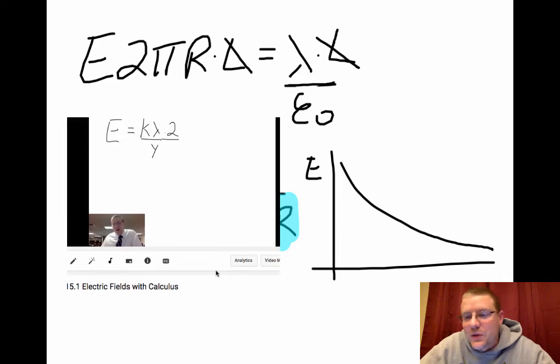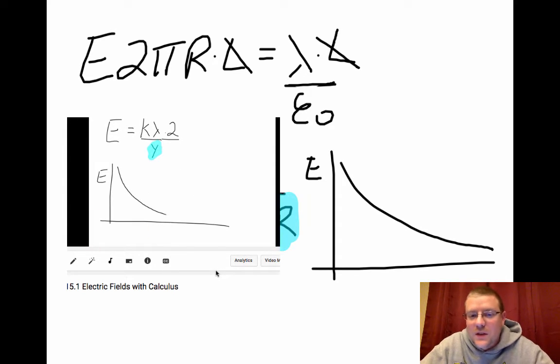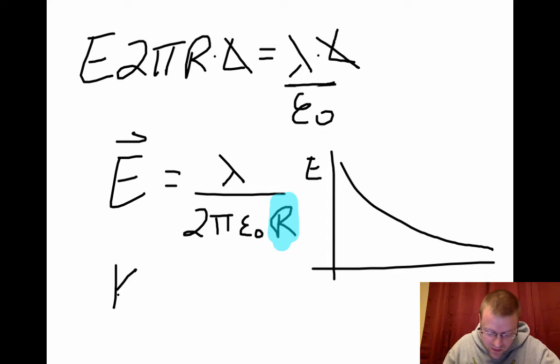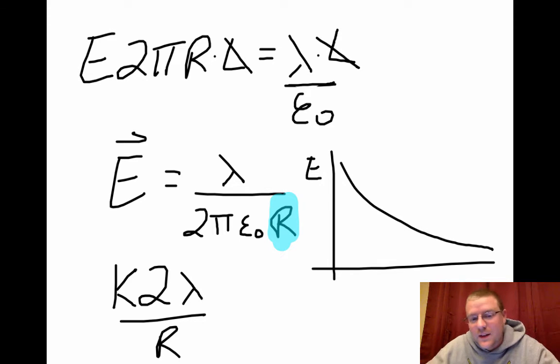This is the exact solution we got in the first video when we were using calculus to calculate the electric field of a line. Go back and look at that solution and tell me which one you think is a little bit easier. The solution that I came up with was k times 2 lambda over y. In this case, r is our y distance away from the line.